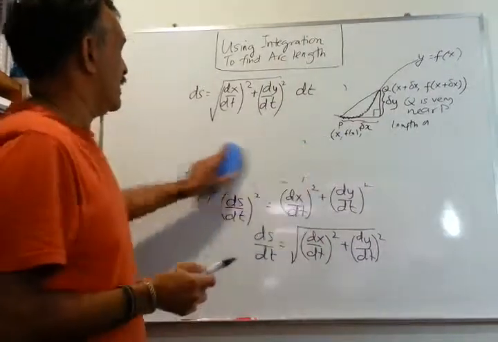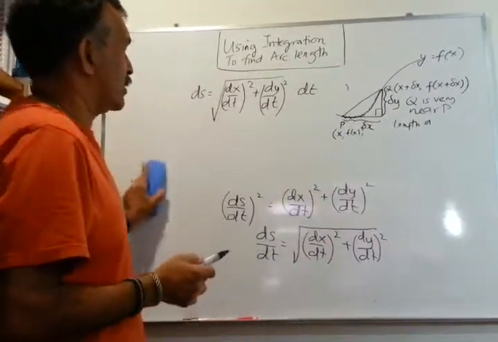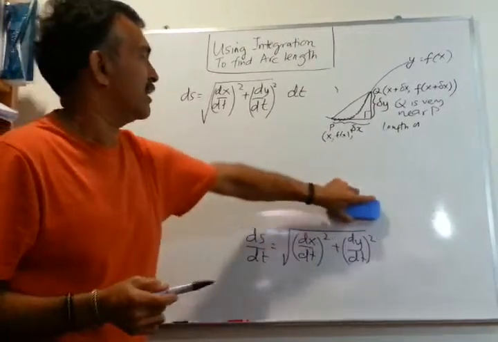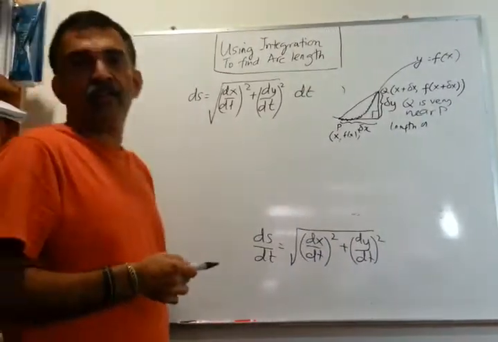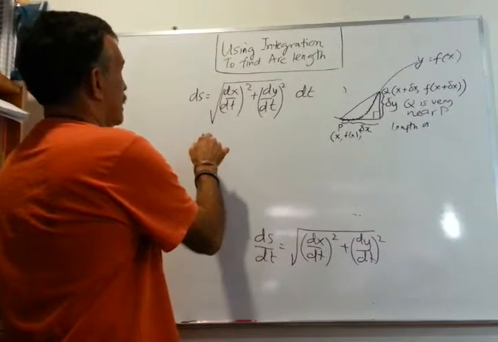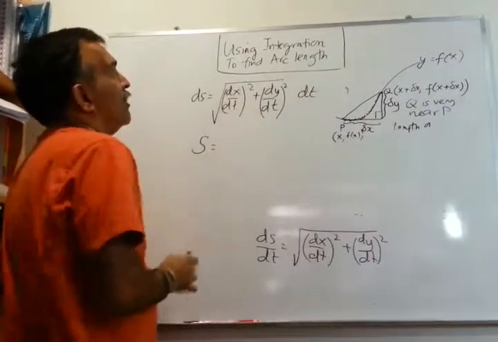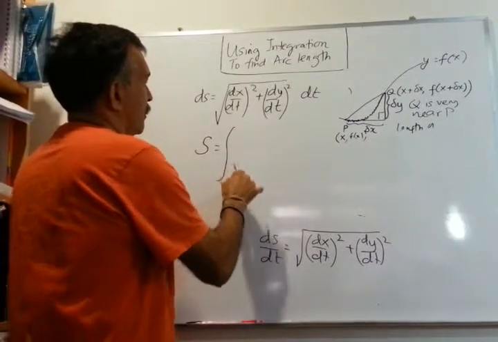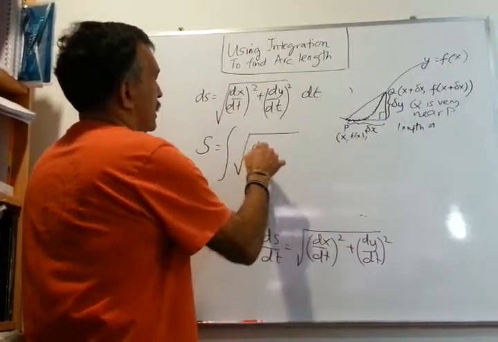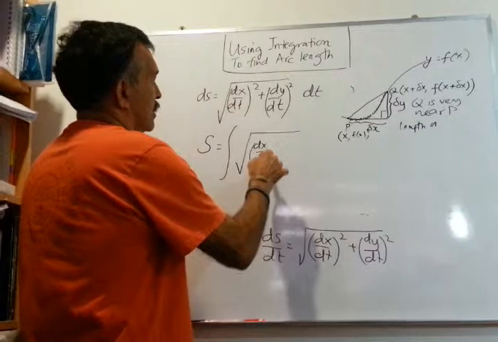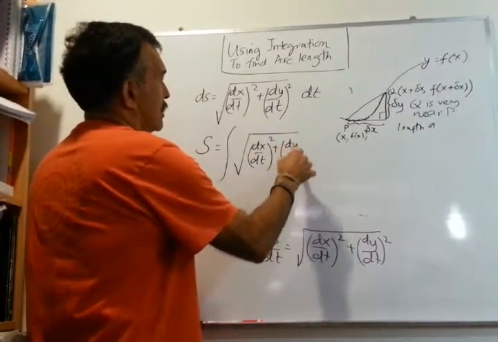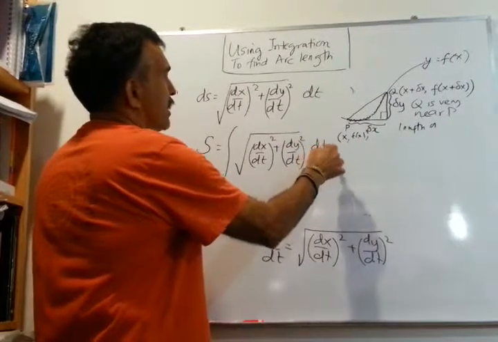Now we have to introduce our integral symbols. On the left hand side, when you integrate ds, you're going to get s, so that's the arc length that we want. So we have the integral of the square root of (dx/dt) squared plus (dy/dt) squared dt.